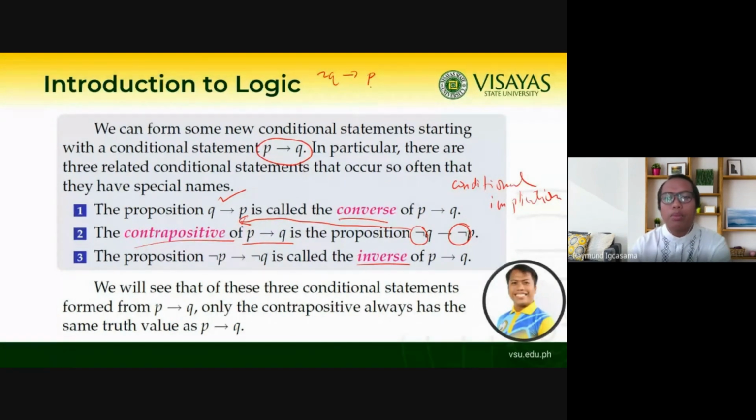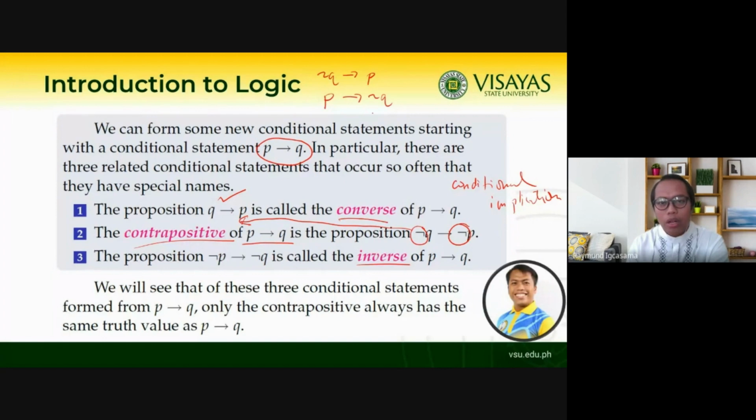Okay, not Q implies P. What is its contrapositive? The contrapositive will be, we reverse it, so P implies not Q. Okay, it is reversed. That is why the contrapositive is reversed: the conclusion becomes the premise, and the premise becomes the conclusion. The second step is to negate this.